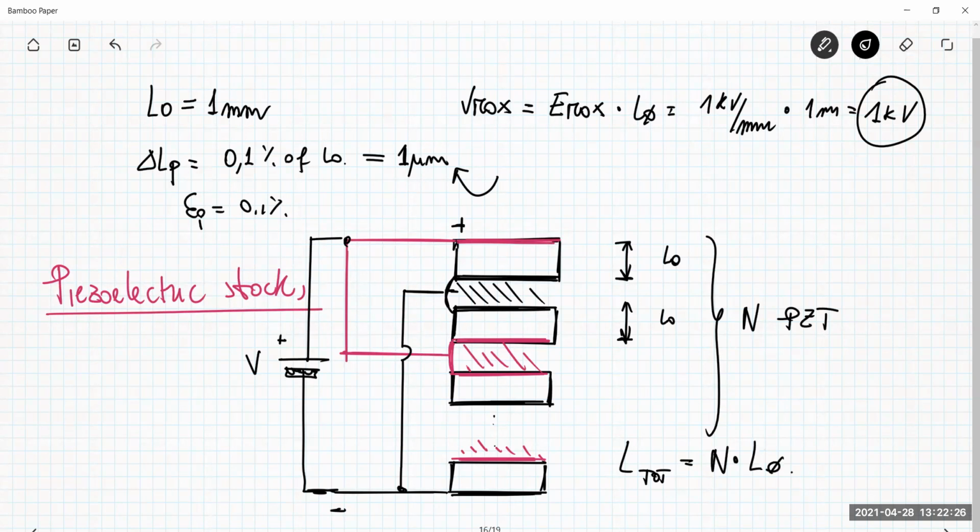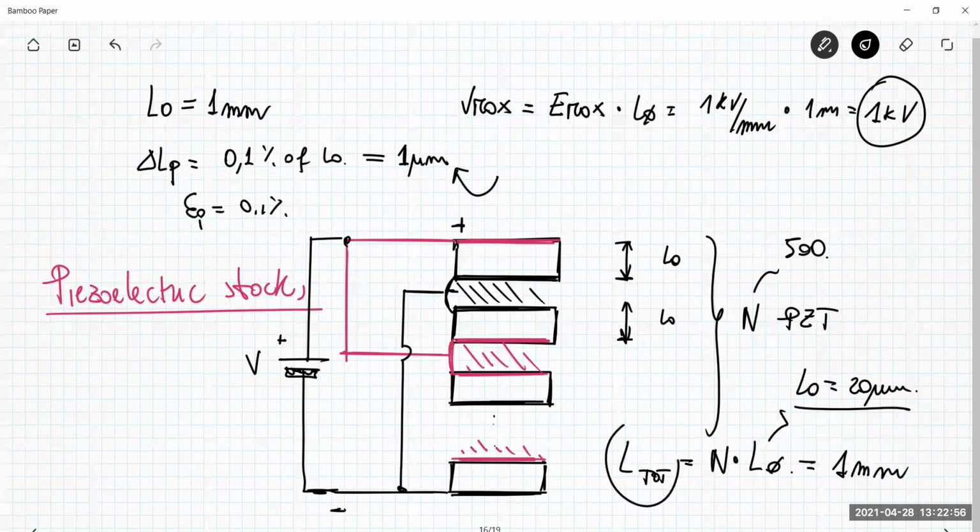Just for putting some numbers, supposing that I have n which is 500, and suppose that L0 is 20 micrometer. Typically the length can be in the range of tens of micrometers up to 1 millimeter. So this is possible. So L total is 500 times 20 micrometers, so it is 1 millimeter.